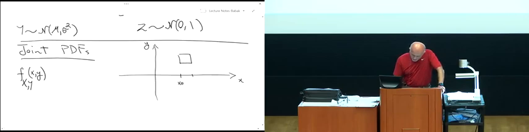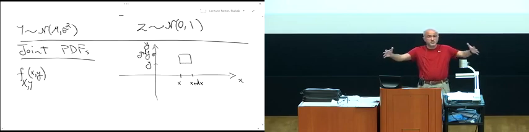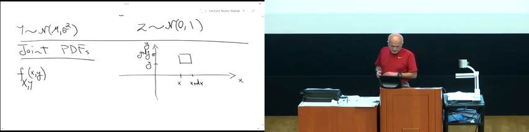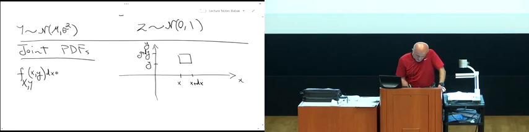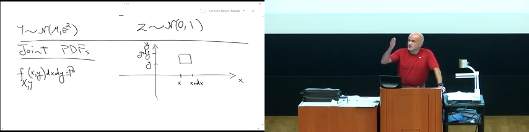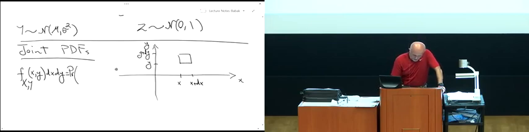Let's say this is x plus dx, and this is y plus dy, and I've got a function sitting on this plane. Okay? So the joint PDF is a function sitting on top of this plane. In the one-dimensional case, when you multiplied the PDF with dx, you got the probability that capital X was between x and x plus dx. Here, you're just expanding it to more than one dimension.